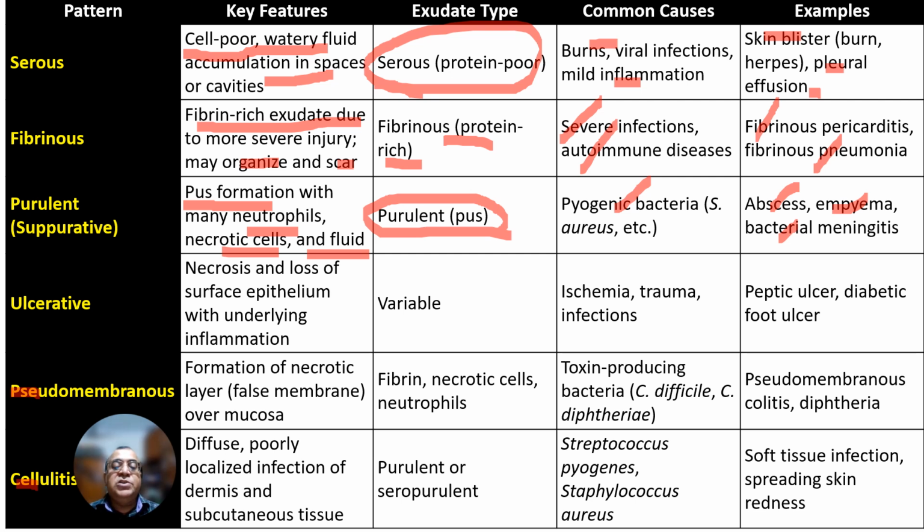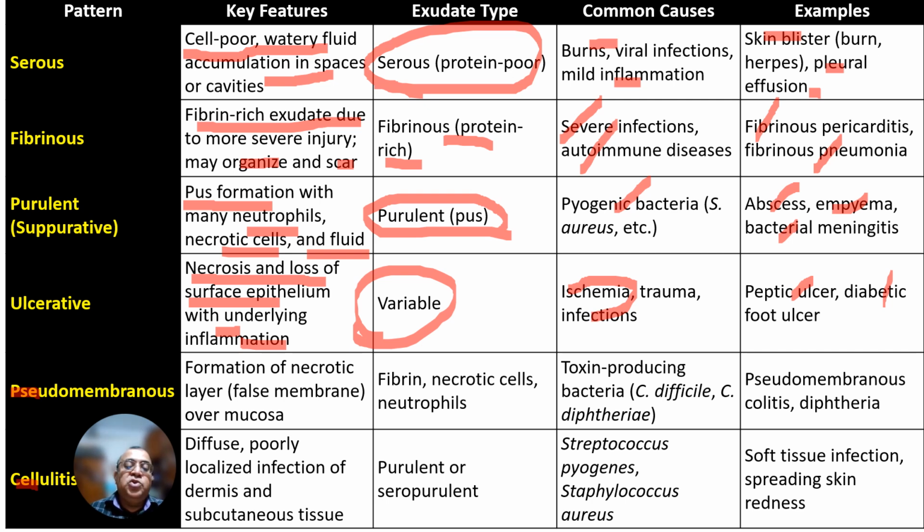The ulcerative morphologic pattern of acute inflammation shows necrosis and loss of surface epithelium with underlying inflammation, and the exudative type may be variable. The common causes are ischemia, trauma, and infection, and examples are peptic ulcer and diabetic foot ulcer.